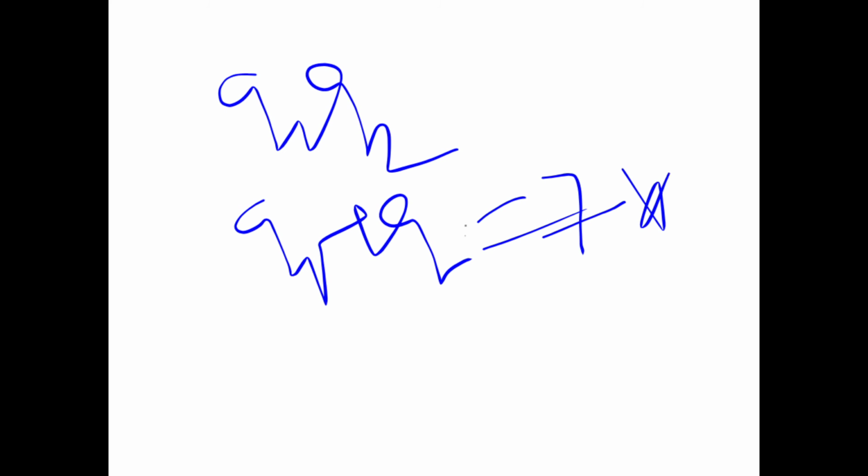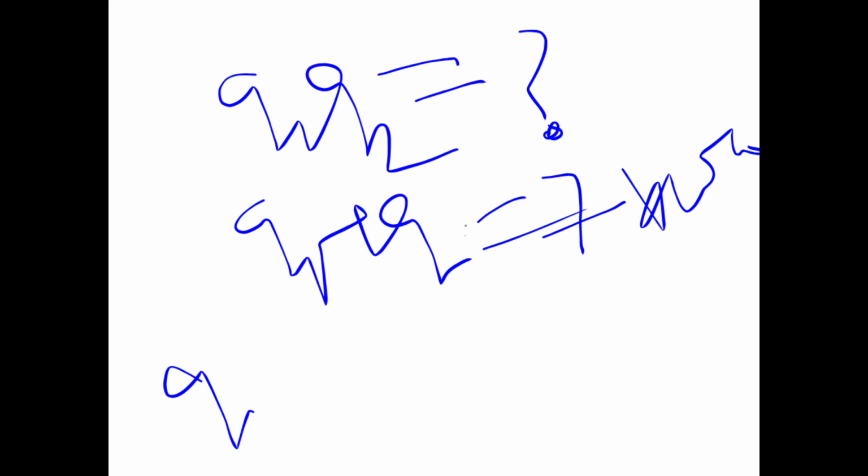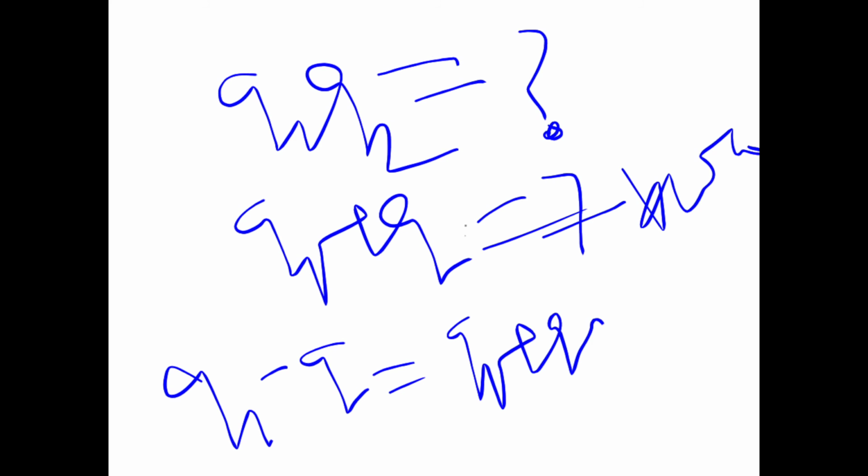How can I solve this? We get Q1 Q2, and Q1 plus Q2 is available for us, that is 7 microcoulomb, 7 into 10 to the power minus 6 coulomb. Q1 Q2 we get from the relation. So we can get Q1 minus Q2, that is the root of Q1 plus Q2 whole square minus 4 Q1 Q2.